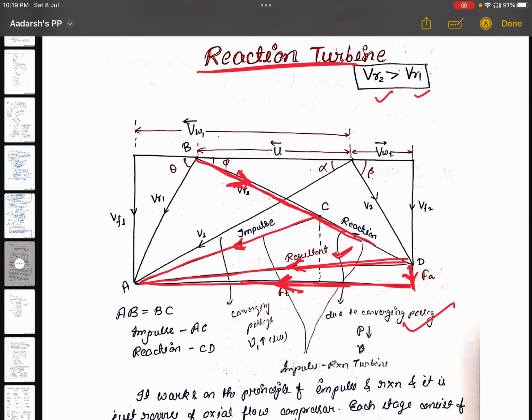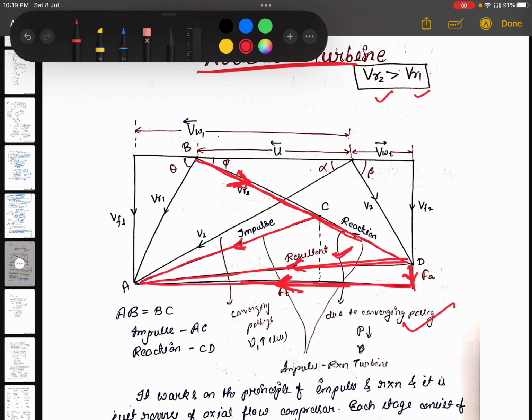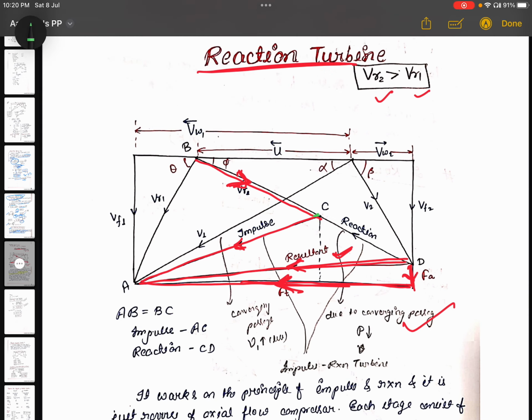We will study this further in detail. So the relative velocity V2 is more. Up to this point it is giving the impulse effect, and this is the reaction effect.